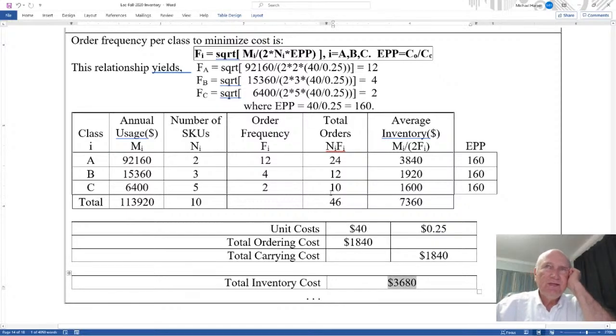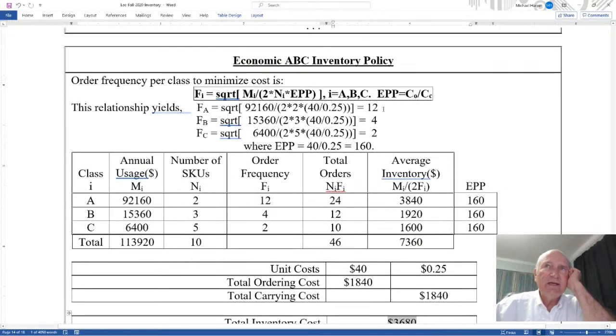Okay? Now, remember, EPP is the average inventory divided by the total orders. So if I take my average inventory of 3840, divide by 24, I get 160, which is the same as the EPP ratio of the ordering cost to carrying cost.